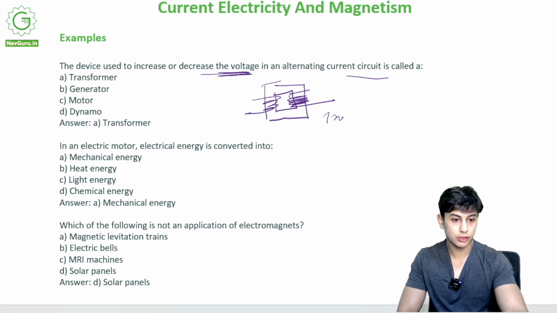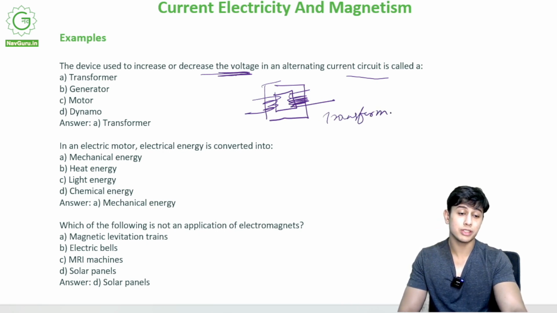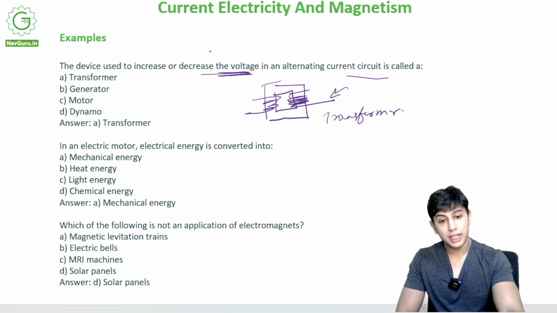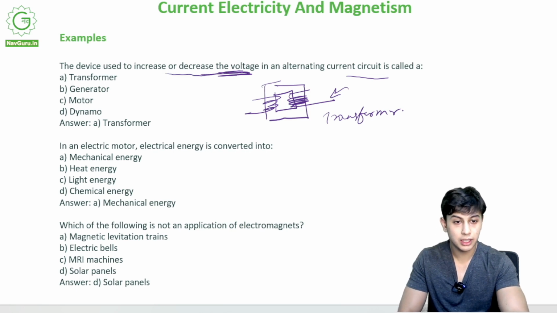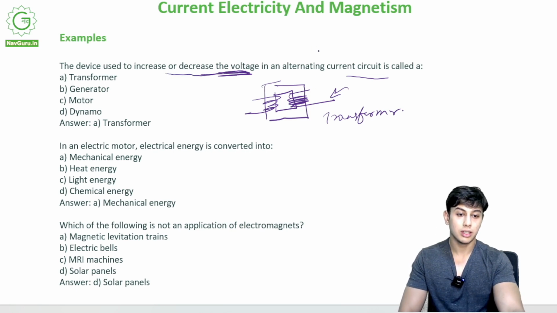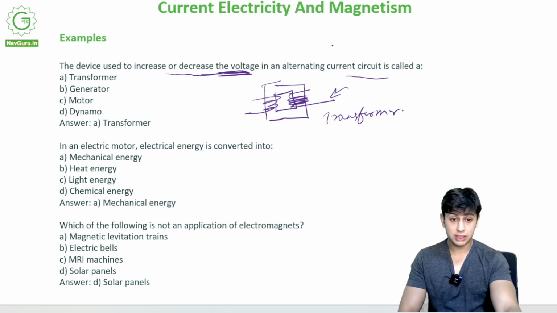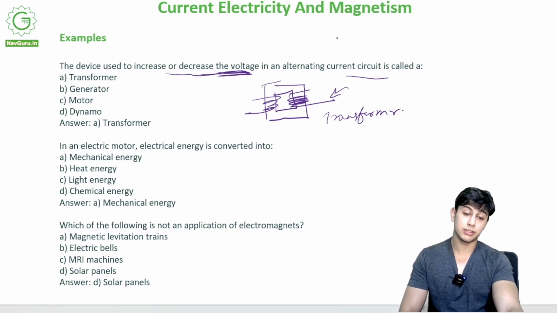This is a transformer, not a transformer like the movie. No, this device is called a transformer. What does it do? It increases or decreases the potential difference, okay. I can increase a potential difference and also I can decrease a potential difference.